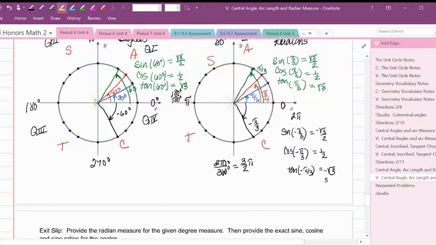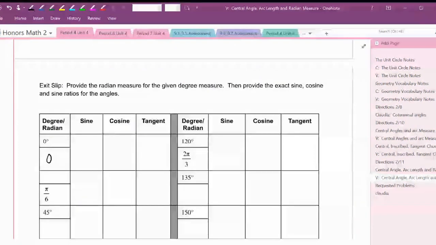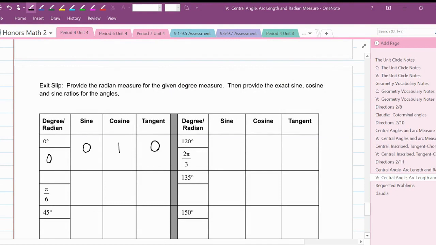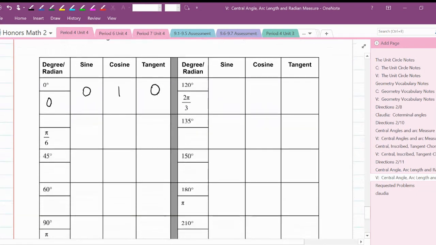We see that right here. And we know the sine of 0 degrees is 0, cosine is 1, tangent is 0. All right, so go ahead and pause the video and complete this table, and then check your work.